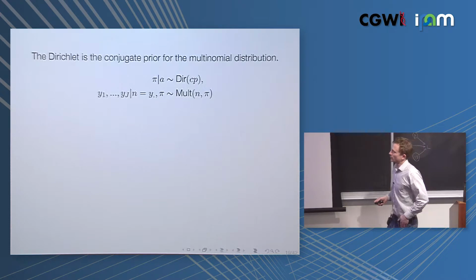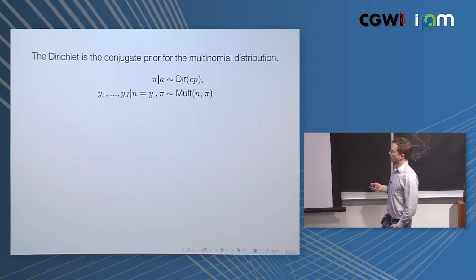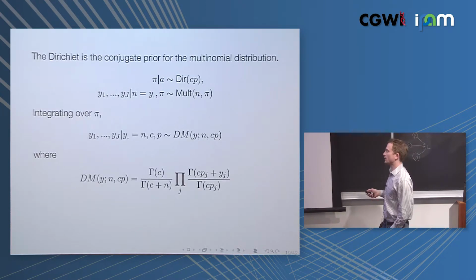OK, so the reason the Dirichlet distribution is nice to use is it's the conjugate prior for the multinomial distribution. So if you make a little hierarchy where you sample a probability vector pi from the Dirichlet distribution and then sample counts y from a multinomial with probability vector equal to pi, then integrating over pi, you get that the y's are Dirichlet-multinomial distributed.